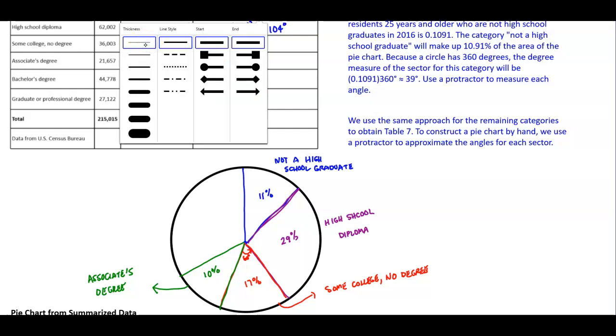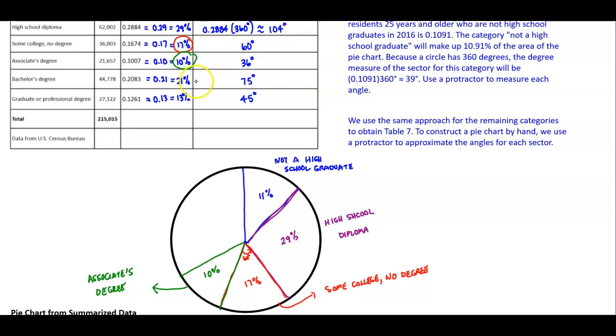So that's going to create a 21% with an angle of 75 degrees. So here's 75 degrees, and we know that represents 21% of the data. And 21% of the data is bachelor's degree.